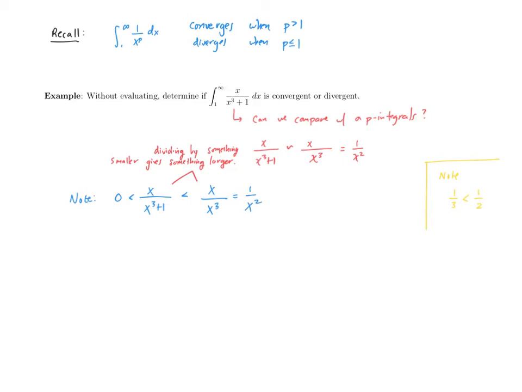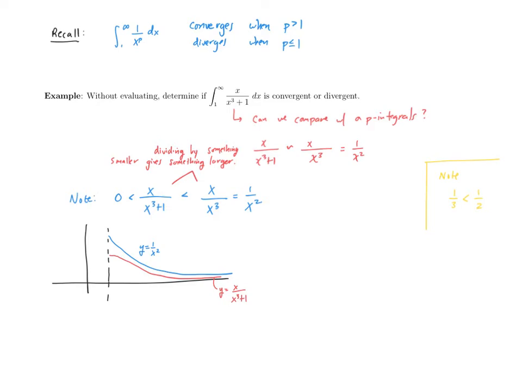So if we just think about this purely from a very intuitive graphical perspective, we're thinking about what happens from 1 to infinity. If we were to graph 1 over x squared, roughly it's this decreasing function. And in comparison, x over x cubed plus 1 is something which is always smaller than it. So in red we have x over x cubed plus 1.